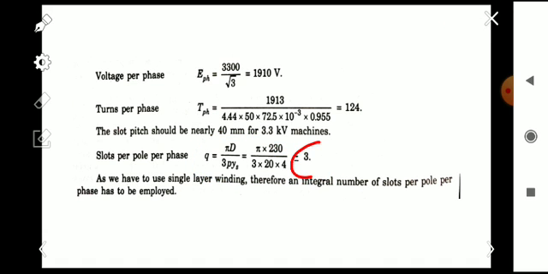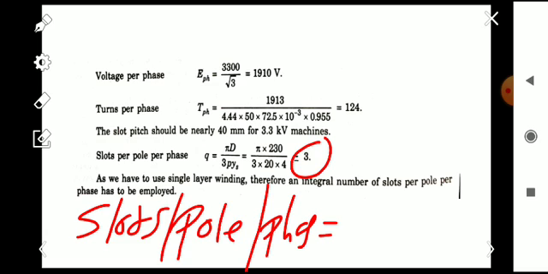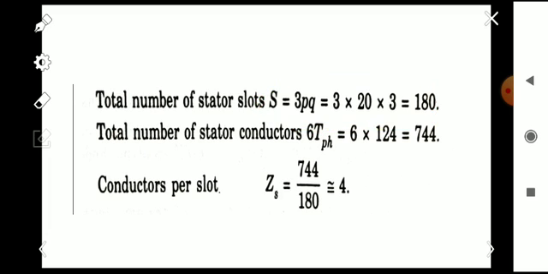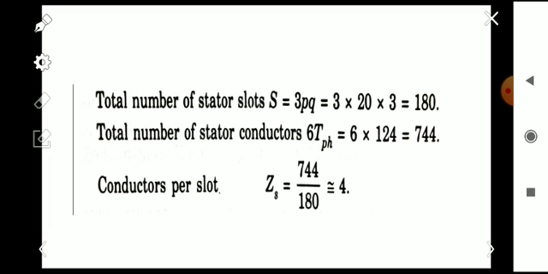In the previous case q, slots per pole per phase, is given as 3. The poles we know is 20, phase we know is 3. By substituting those values, we get the stator slots S equal to 3 into 20 into 3, which is 180.